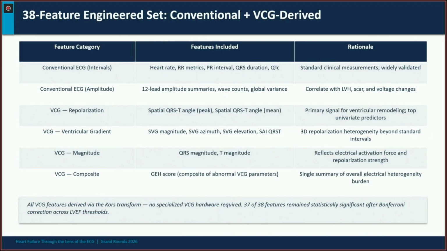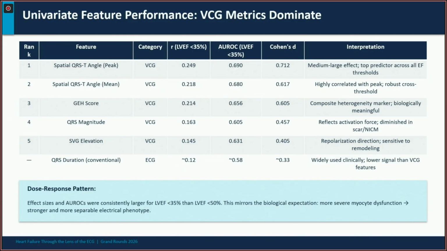I used all of those samples to compute 38 features, composed of your typical markers and your VCG-derived markers. I went one by one and did a correlation analysis. Out of all of the markers, the spatial QRS-T angle is the one that correlates most with your systolic dysfunction, or EFs in this scenario.